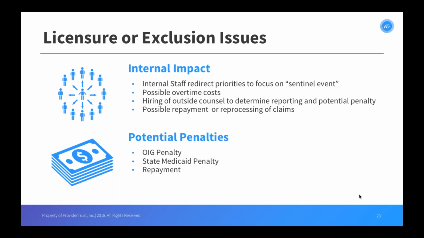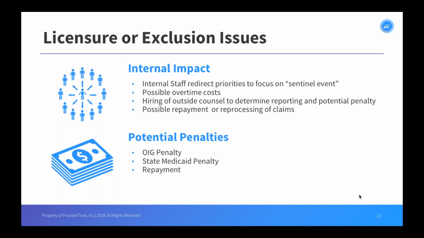I'm likely now going to speak to my outside counsel to determine what potential penalties there might be, what sort of reporting obligations I have. We'll also be talking about, are there repayment issues? Do I have to reprocess any claims depending upon what that person's role was within the organization?